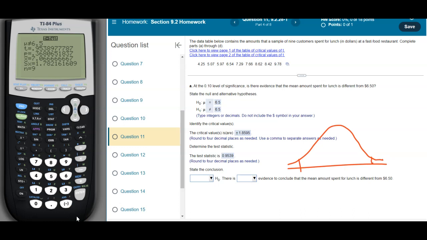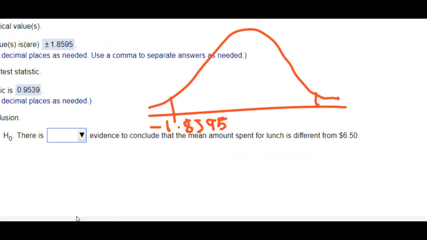So this is going to be minus 1.8595, and here you're going to be 1.8595. Those are the two cutoffs. So it means if you are within this region here, you are accepting, or do not reject.